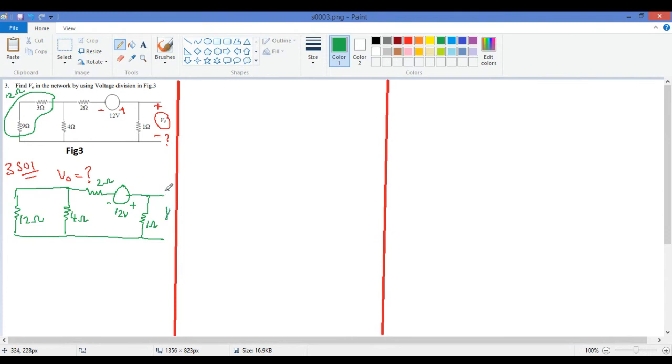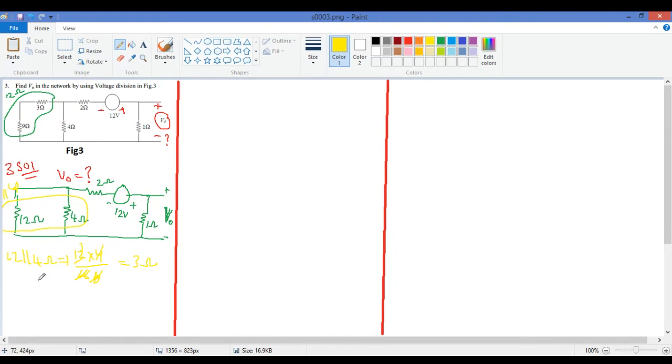We need to find out what V naught is. Now you see here again that this 12 and 4 are in parallel. So if 12 is parallel with 4 ohms, then 12 into 4 by 12 plus 4 is 16. 4 into 4 is 16, 4 into 1 is 4, 3 is 12. So you get 3 ohms.